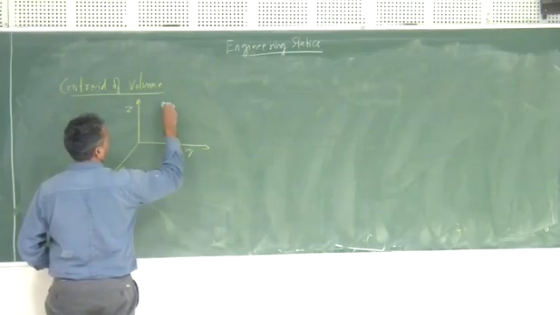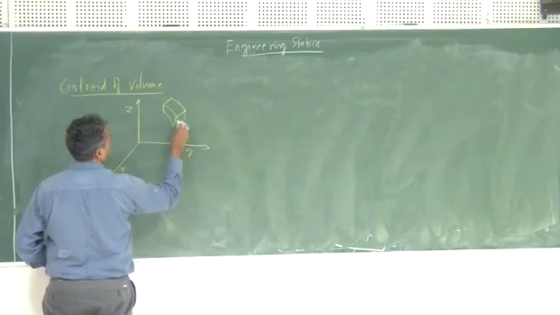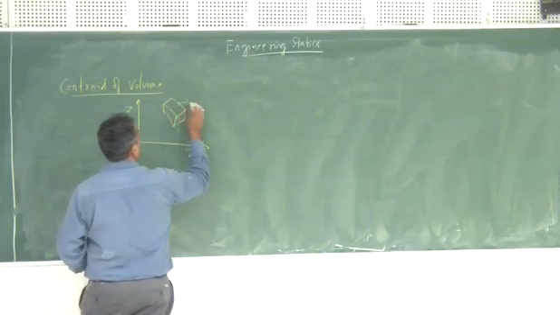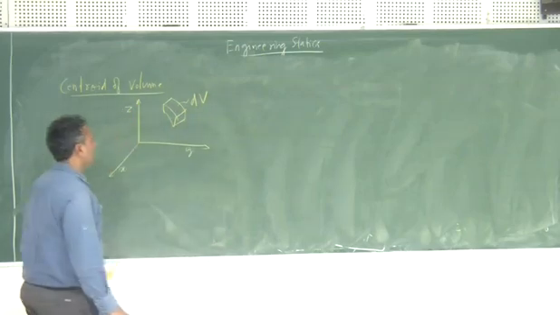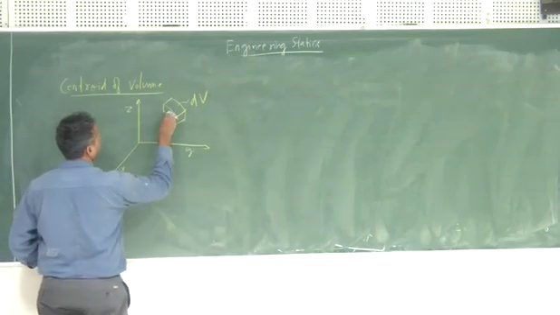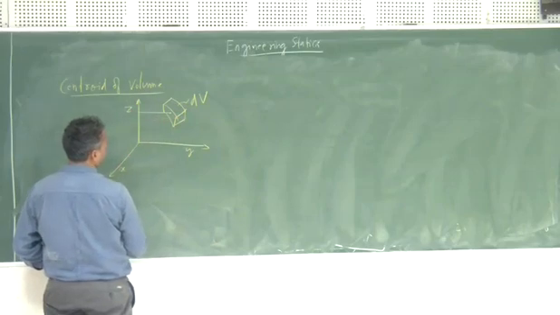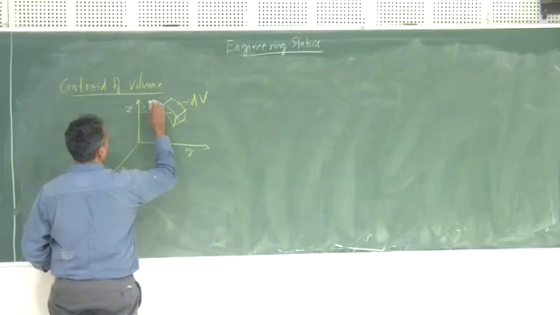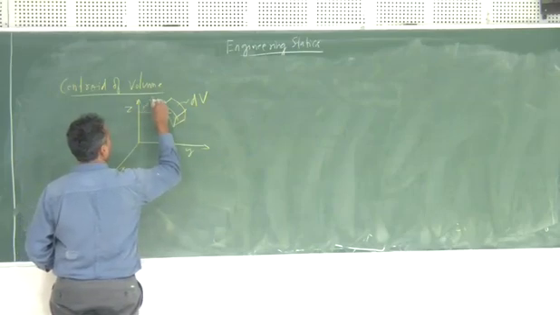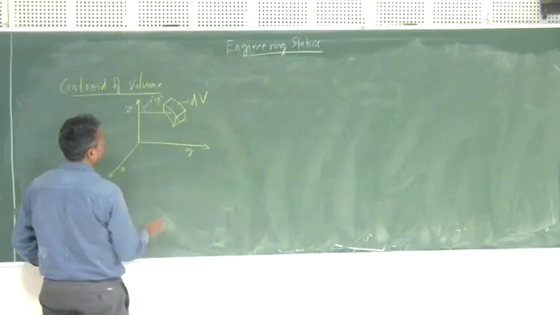And this is your dv, and the position of this one from the origin is root of x square plus y square, right?